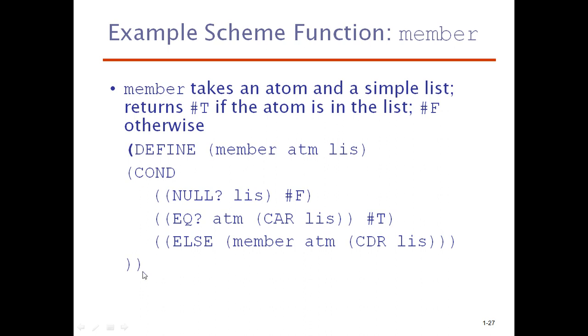Here we are going to write a multi-condition statement. The first condition checks whether the list is empty or not. For that we have to use null? list, that is the list that you are passing to this function.